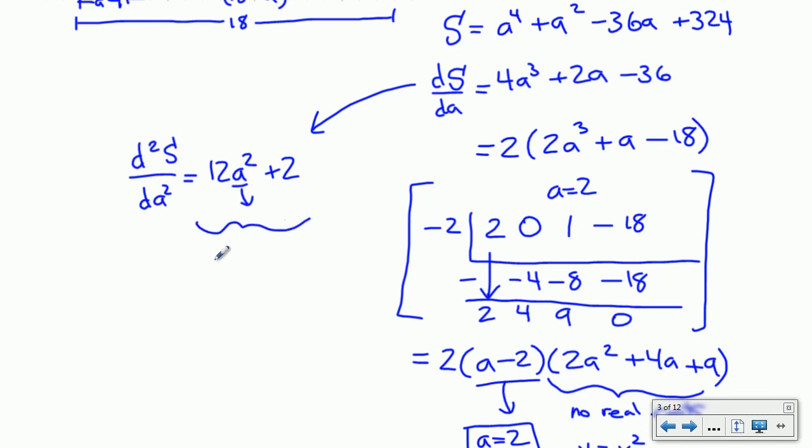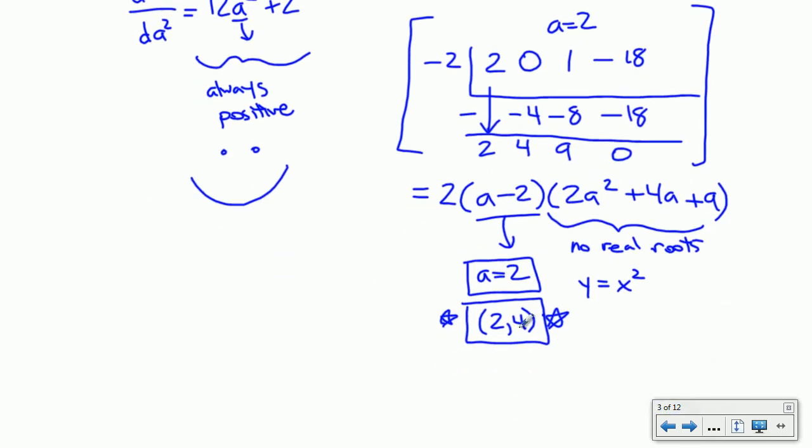This is always going to be positive, which is good because that means that this function S curves up for all values of a, which means that this critical value I found earlier is indeed the coordinate that minimizes the distance to (18, 0). So that's our final answer.